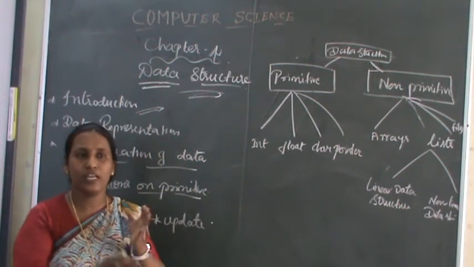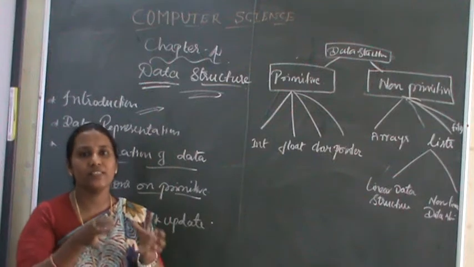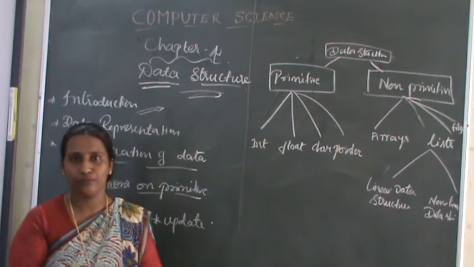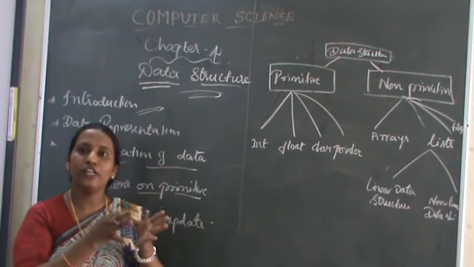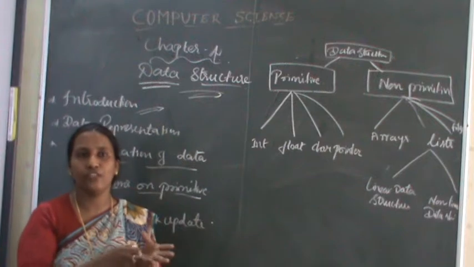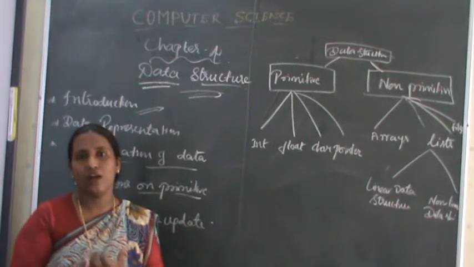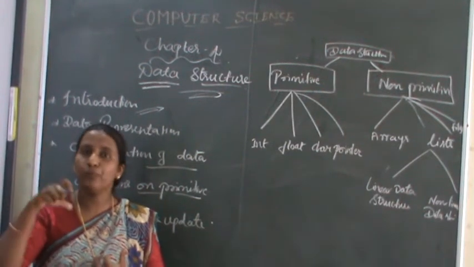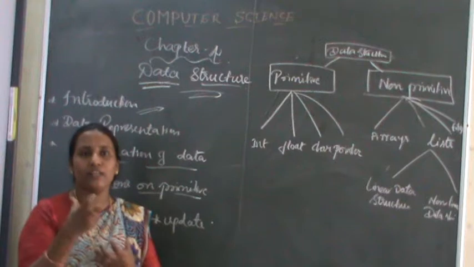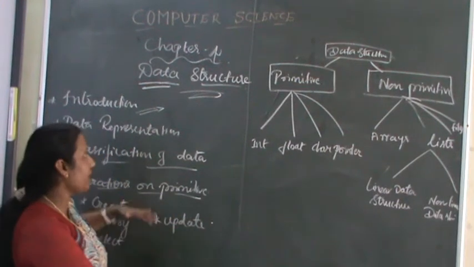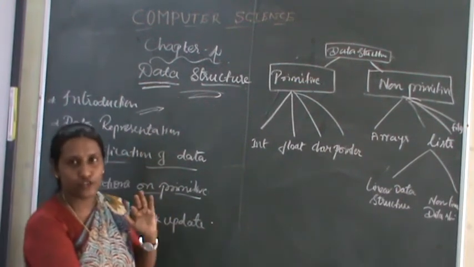Process means doing some calculation or manipulation. Whenever we do manipulation or calculation, we require certain algorithms, that is, a step-by-step procedure. Those algorithms will be organized by this data structure.